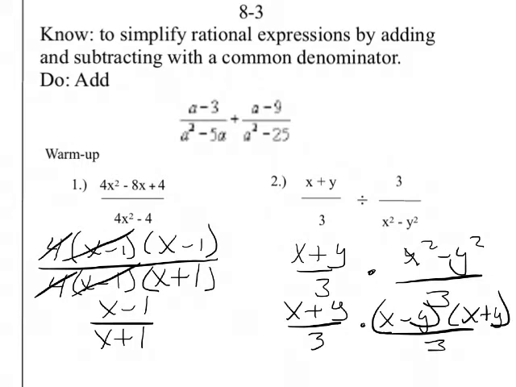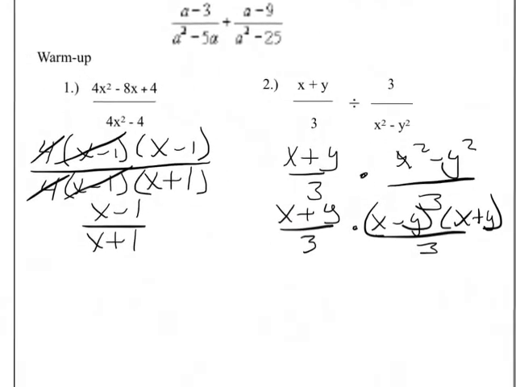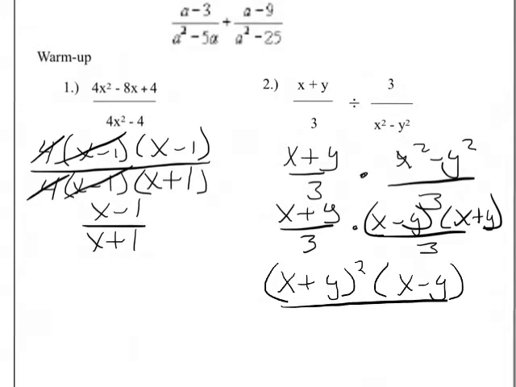Now from here, I see that nothing divides out that I can see. So because nothing divides out, we just squeeze it together, and we're going to have x plus y, the quantity squared, times x minus y all over a 9.